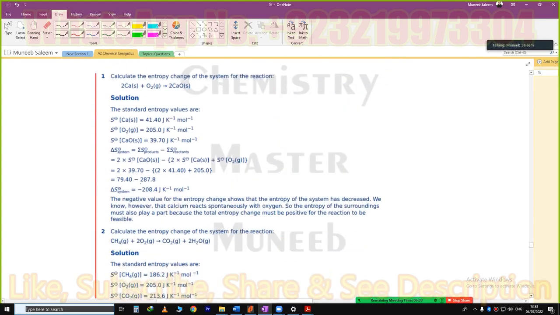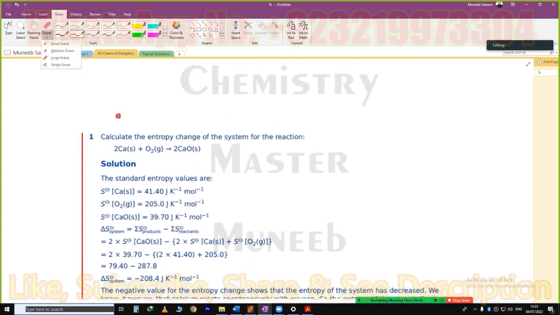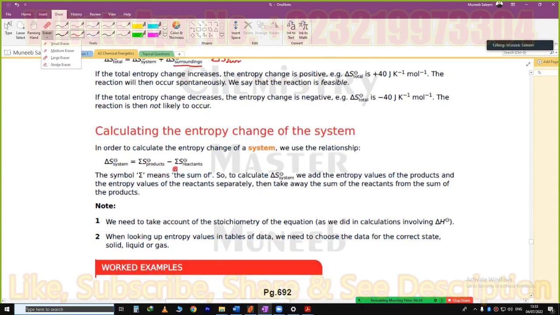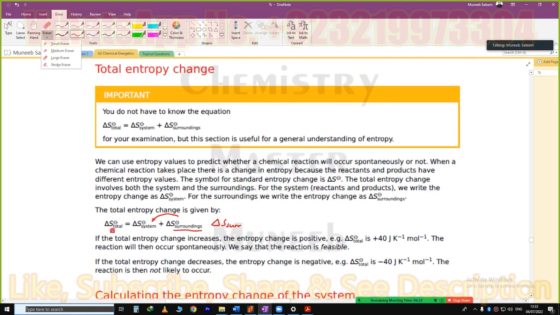Then a question is here: calculate the entropy change of the system for the reaction. For this type of reaction, we are given the values for all the reactants and the products. So simply in the same way as you did before, calculate the entropy of the system. Here it is the delta S of the system which you found before, whereas here it is the delta S total.